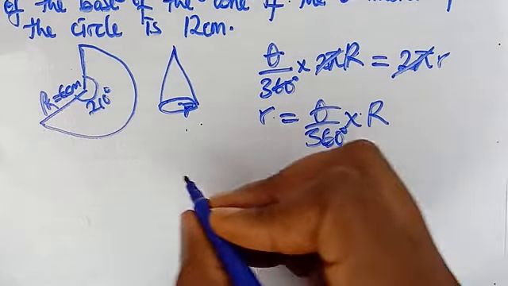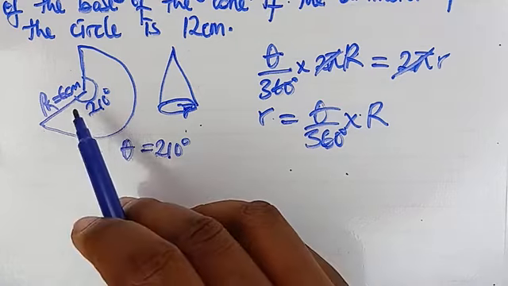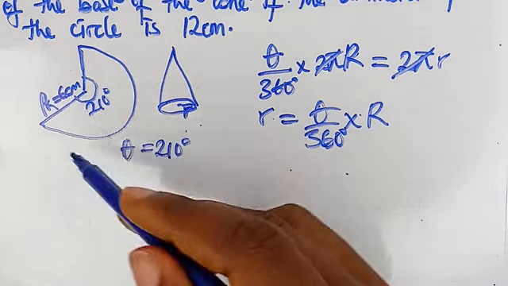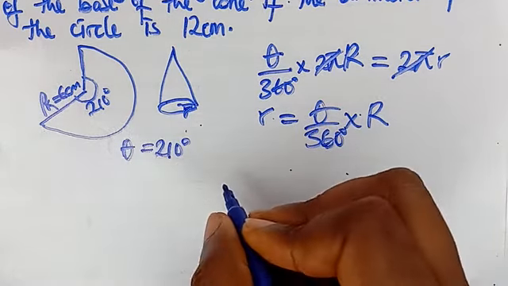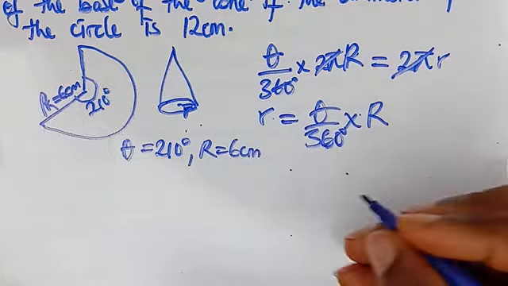Now we have that theta is equal to 210 degrees. That's the angle subtended by the sector of the circle. And then we have that the radius of that circle is 6 cm. So we substitute.